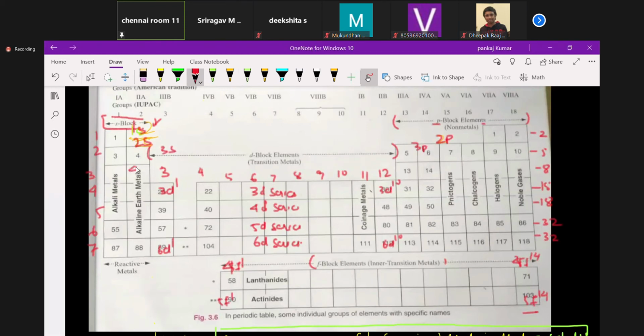Again we have 4s, again 3d. Again 4p, again 5s. Again 4d, then 5p. Then we have 6s, then 4f, 5d, and 6p. Understood? It's going sequence wise now.